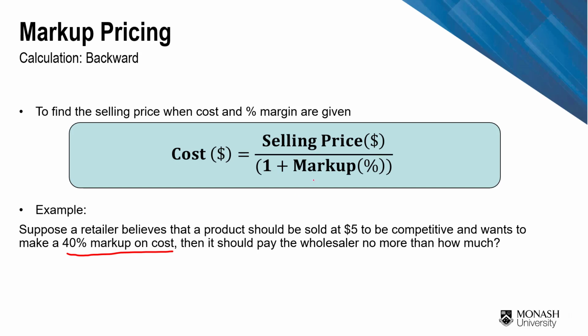Well, in this case, the cost is equal to the selling price, that will be $5, divided by 1 plus 0.4. And if that's the case, then obviously the cost has to be about $3.57. Okay, so that's how you perform a markup pricing and also the margin pricing.